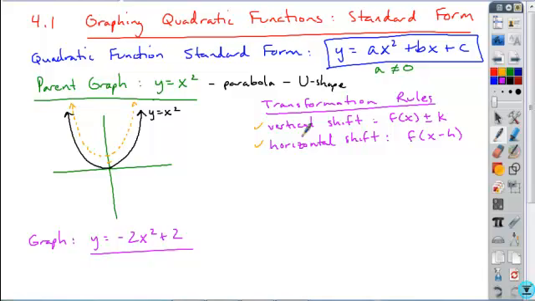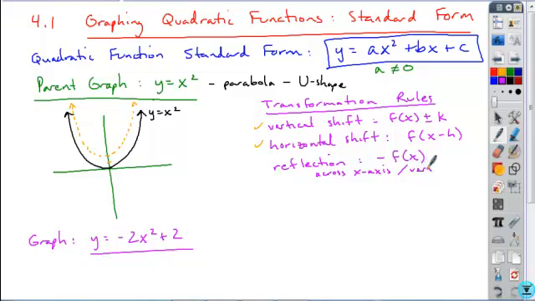Okay, after that, we look at the reflection. Remember, the reflection occurs when there's a negative in front of our function. So is there a negative in front of the squared value here? Yeah. So there is a reflection here. This is reflection across the x-axis.